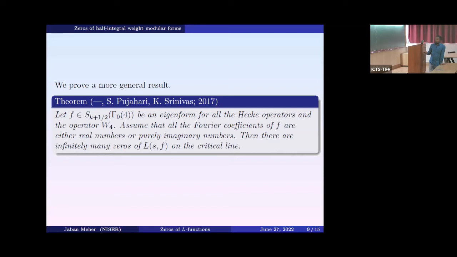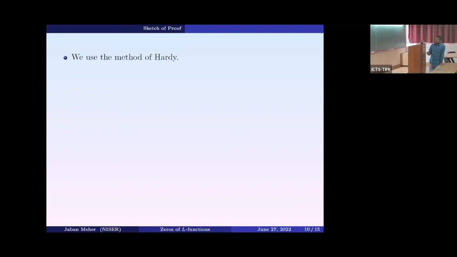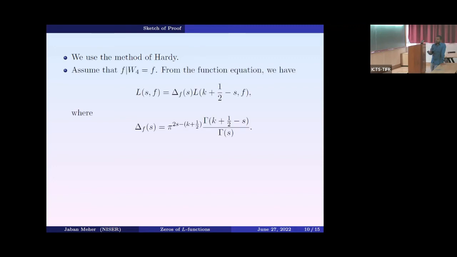Okay, so what is the idea? Again, I'll give some idea of the proof. The method is the same Hardy's method, but here many things count, because for the Riemann zeta function all coefficients are 1, so many things are trivial, but here you need to estimate certain things.